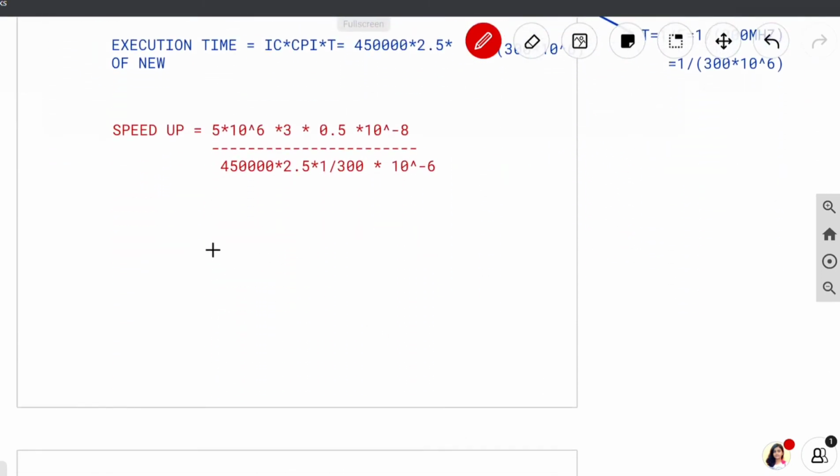Calculating this further, it comes out to be 2. So the speed up comes out to be 2.